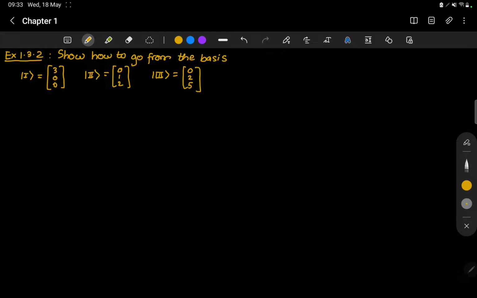So show how to go from the basis 1, 2, 3 in Romans to the orthonormal basis given as the following.